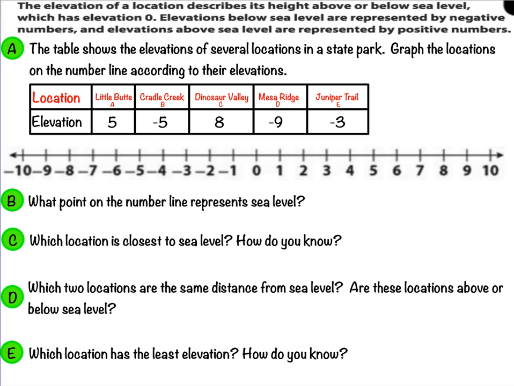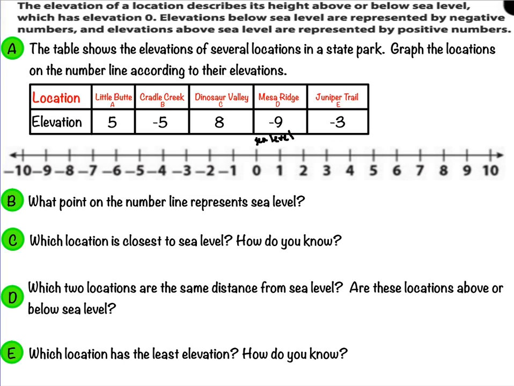So what we refer to as sea level is actually represented by 0 on the number line. So here we have 0, but in real life it is sea level. So in words, for elevation, 0 means sea level.